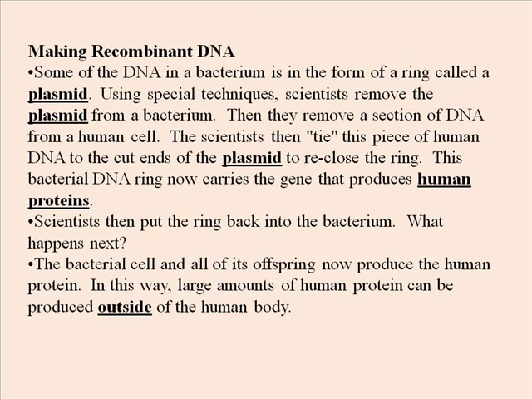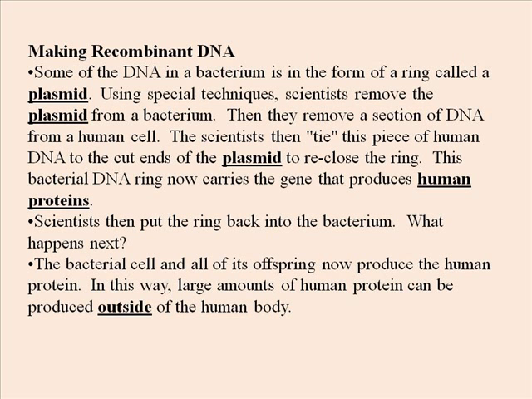When we make recombinant DNA, we're going to need DNA from two different living things. The example that I'm going to show you here and then on the next slide in a picture, we're going to take a little tiny piece of human DNA that codes for a human growth hormone. We're going to put it into the DNA of a bacteria.